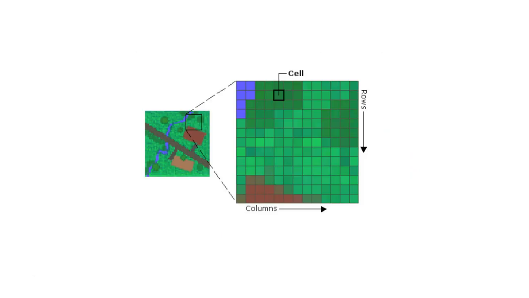And a cell is essentially the unit within a row and a column. And for geospatial rasters, we oftentimes are sensing the Earth's surface, and as we do that we have different features, and the different features can be represented by cells.